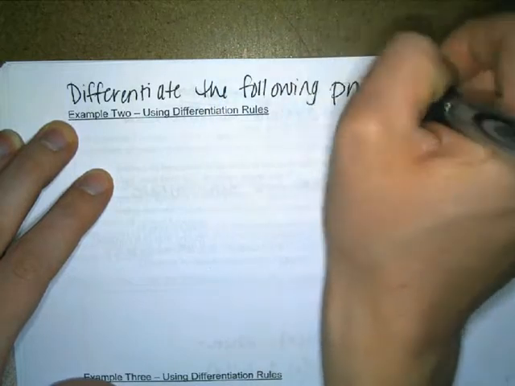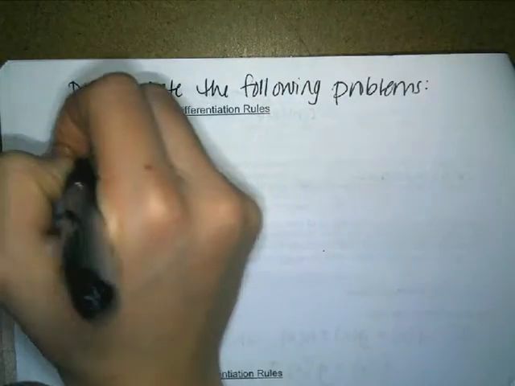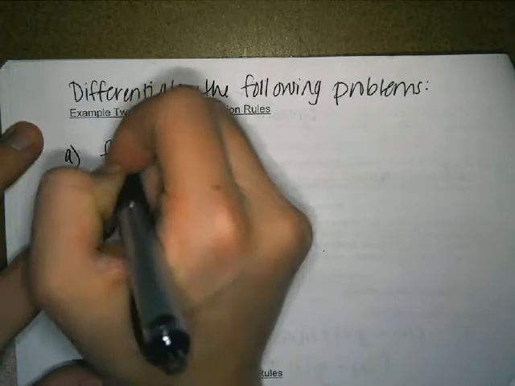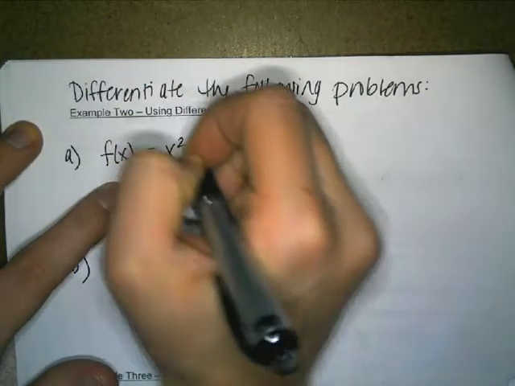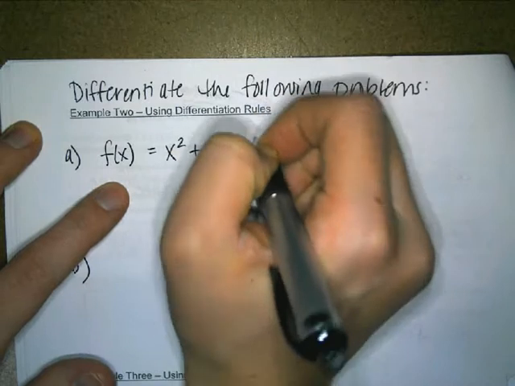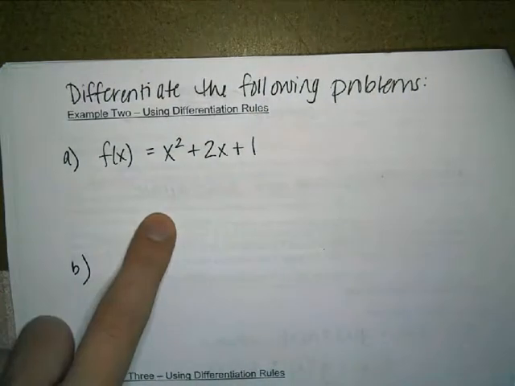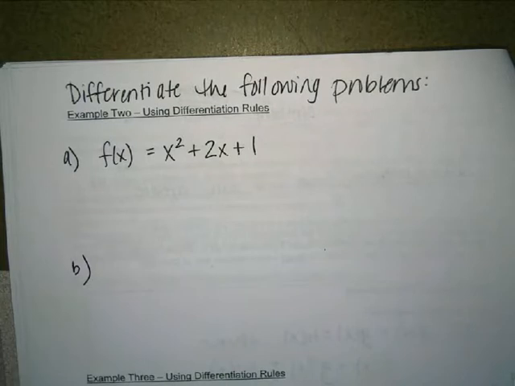We're going to make an A and a B. Okay, for A, we're going to start with f of x equals x squared plus 2x plus 1. Now, let me state here that we're just doing basic problems here so that we practice a lot with the power rule. Some of the application of this stuff will come later. So this is just basic practice.